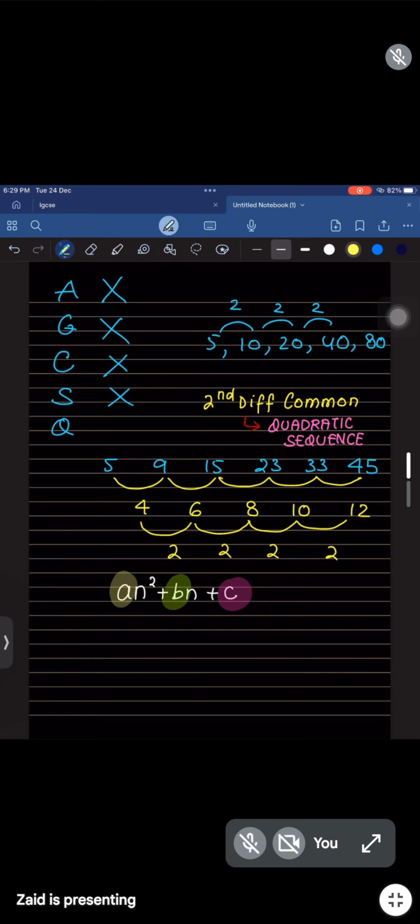2a is the formula, okay? 2a equals the second difference. This is formula number 1. Then 3a plus b equals the first term of the first difference.